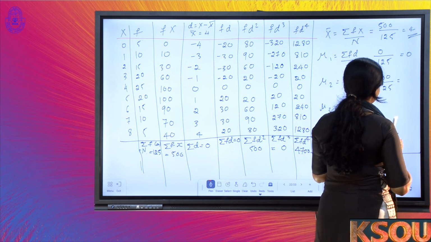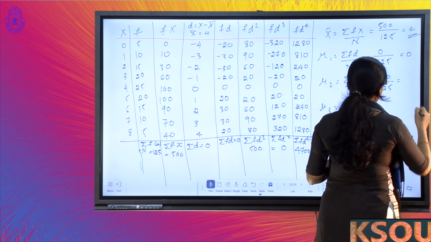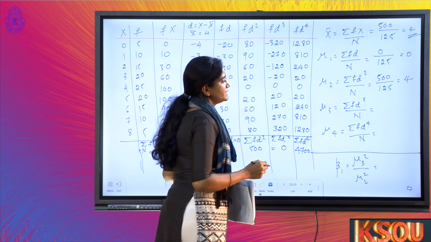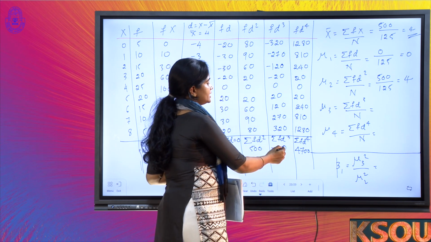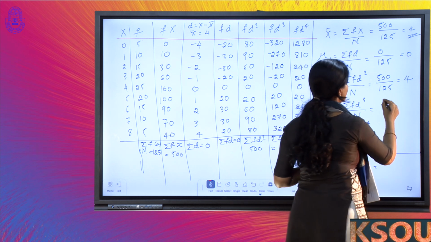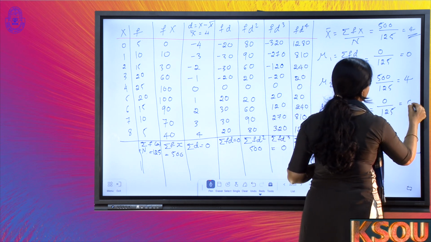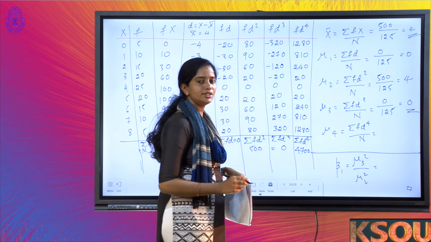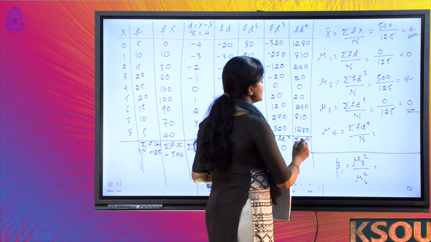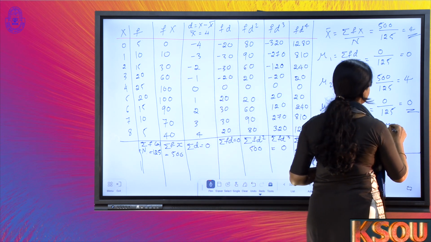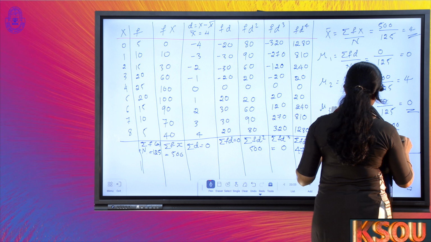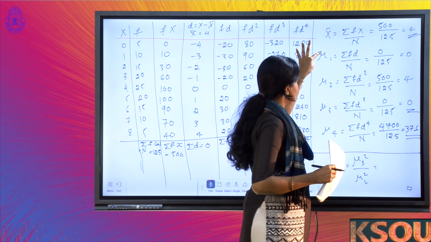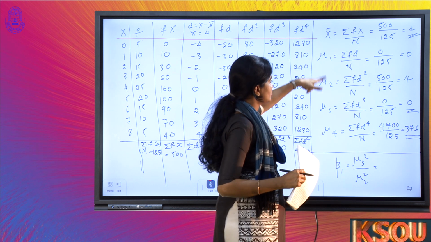You will get the value 4. Then mu3 is equal to summation FD cube by n. Summation FD cube is 0, 0 by 125 is equal to 0. Then mu4 is summation FD to the power of 4 by n, that is 4700 by 125, that is 37.6. So, these are all the first 4 moments.